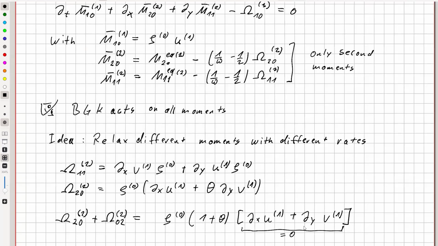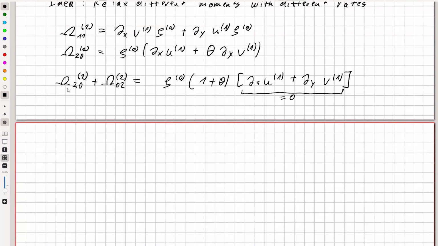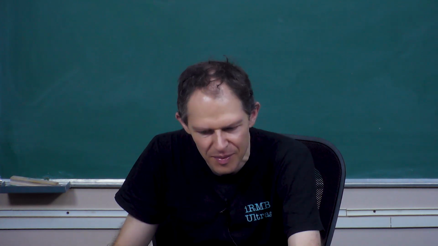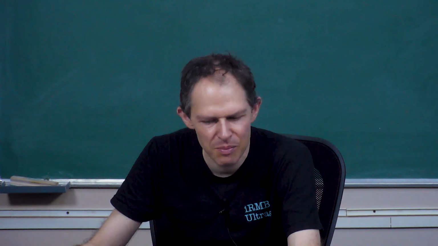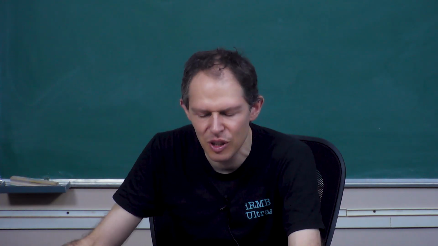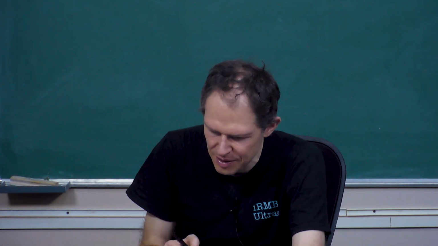But this relationship here is exact, and because this thing here is exactly 0, it actually disappears from the Navier-Stokes equation, and therefore it does not constrain the relaxation rate of these two moments together. So there are second moments in the BGK equation, but the sum of these two second moments is not in the Navier-Stokes equation arising from the BGK equation. Therefore, there is no constraint on their relaxation rates.